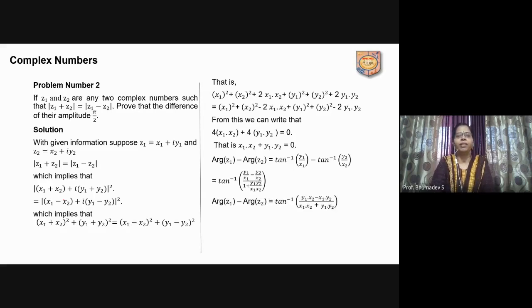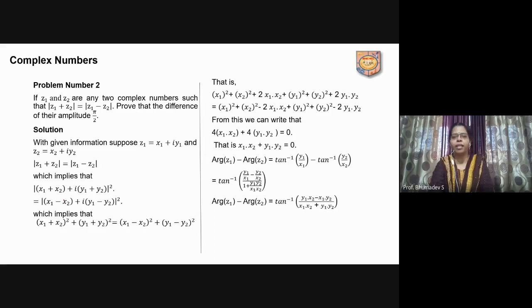When we simplify this, we have tan inverse of y1 x2 minus x1 y2 upon x1 x2 plus y1 y2. But we got the denominator as 0 by the given condition, modulus of z1 plus z2 equal to modulus of z1 minus z2.